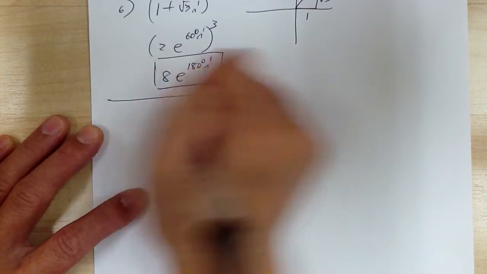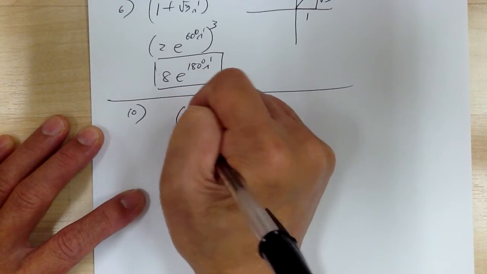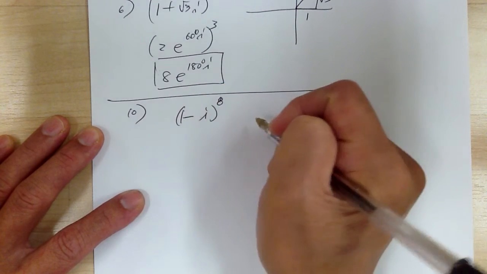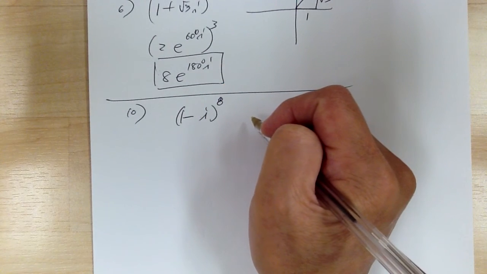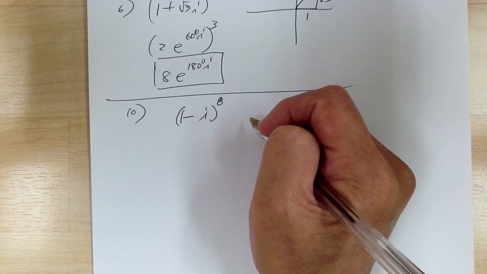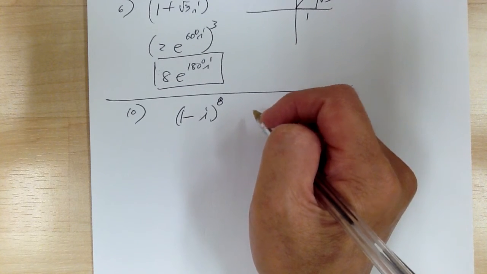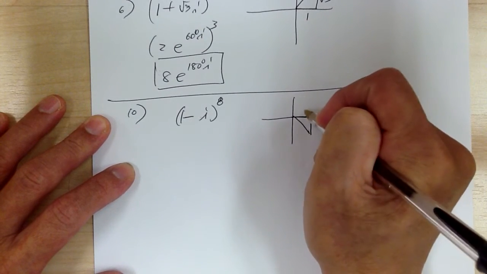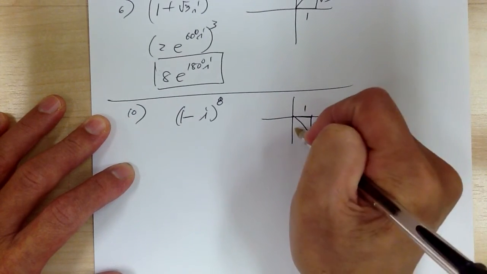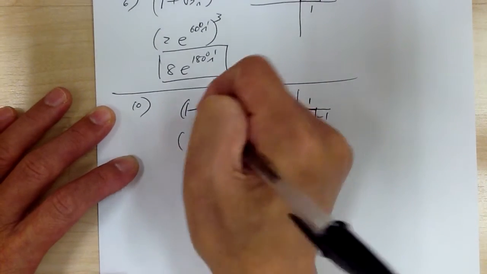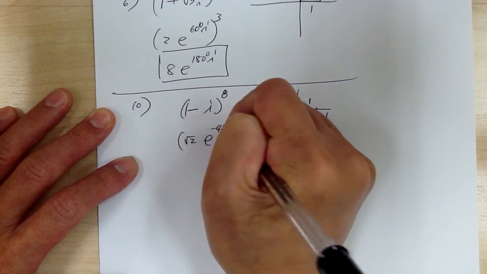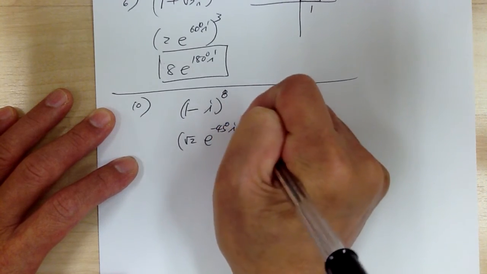Okay, let's go to number 10. 1 minus i to the 8th power. So you want to find the value, work it out, and put the answer in the rectangular form. So you have 1 minus i, so 1, negative 1, so this will be square root of 2 e to the negative 45 degrees i, to the 8th power.